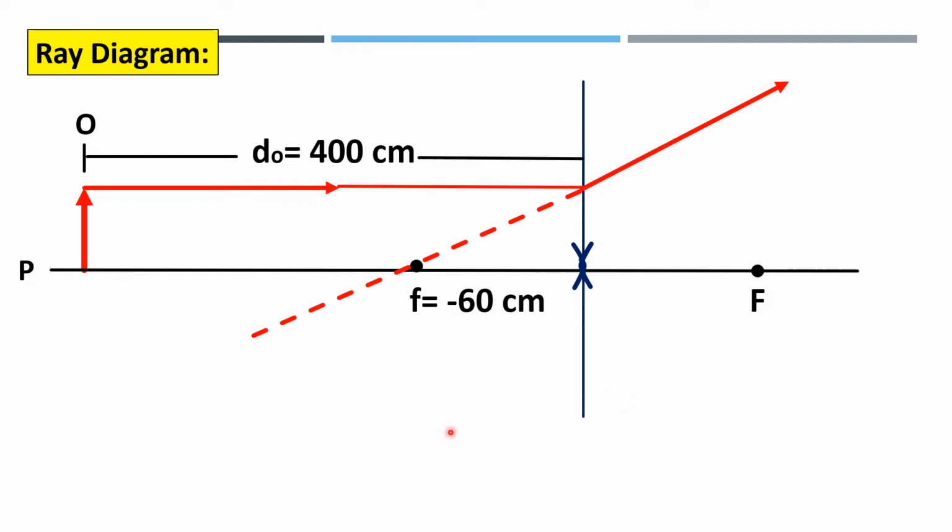Now, we need another incident ray, and this time we will choose a ray that is aimed towards the real focus. So to the right of the lens, we have there the real focus. And our second incident ray, the blue one, is aimed towards that focus.